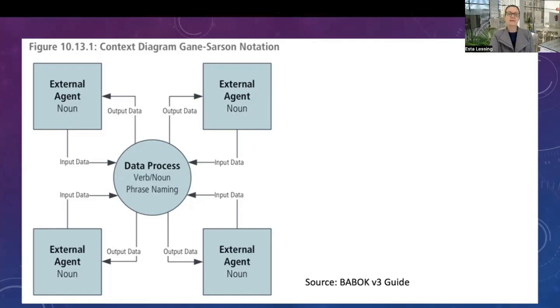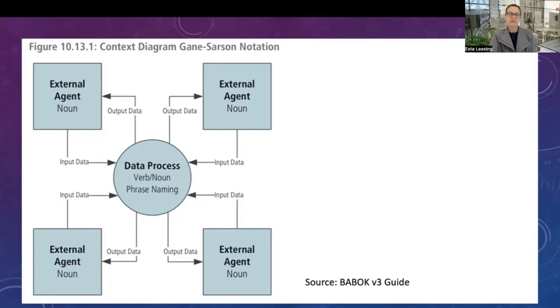So this would typically be an active activity, so you'll use a verb or potentially a noun depending on the situation. However, essentially what's happening in the middle here is the data that comes in is somehow being processed and transformed, and then it's being sent back out to a different system.